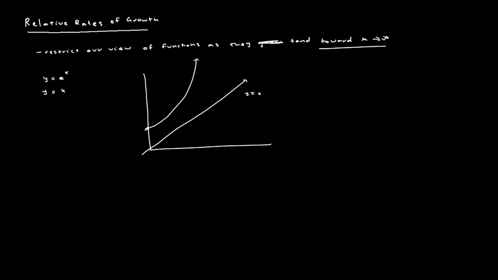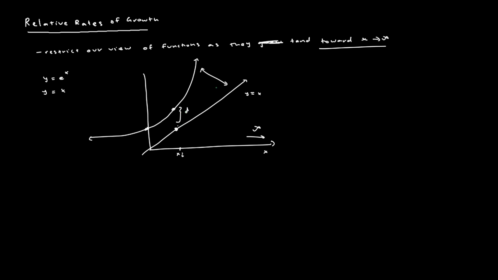And you can imagine that as we tend towards the positive x direction, towards infinity, the value of e to the x will always be larger than the value of y is equal to x. For example, at this random x value, the distance between e to the x and y equals x is some distance d.